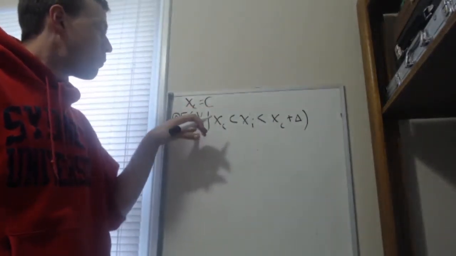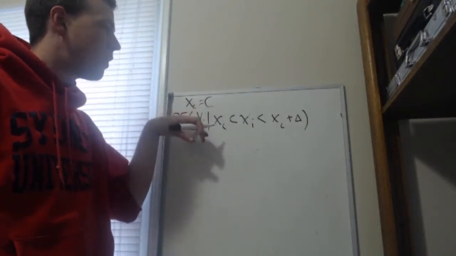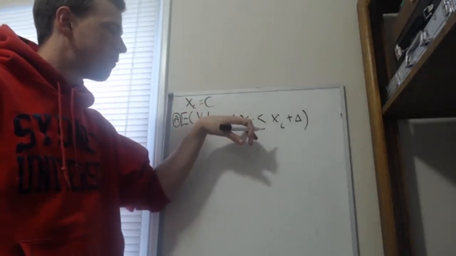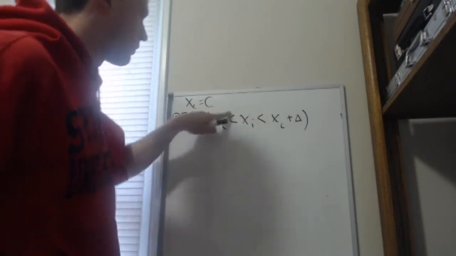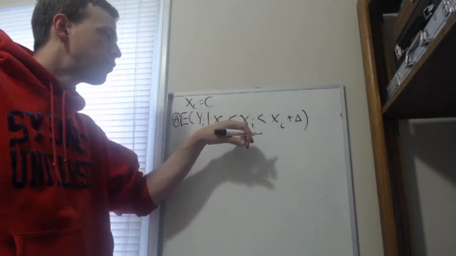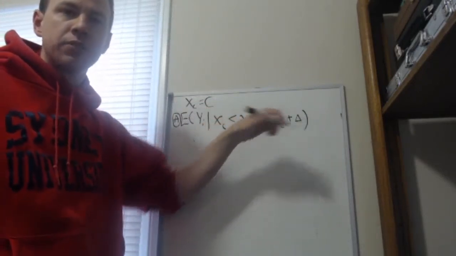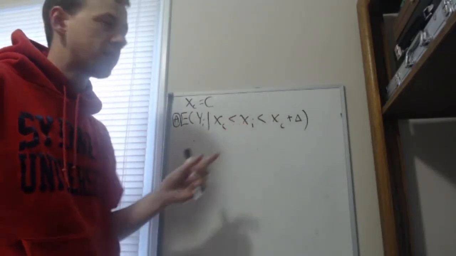All right, so this is the expected outcome for an individual whose actual assignment variable, maybe their actual election result, is above the cutoff, but just barely. It's only above the cutoff by delta, some small number. So this is people who receive just a little bit more than 50% of the vote.